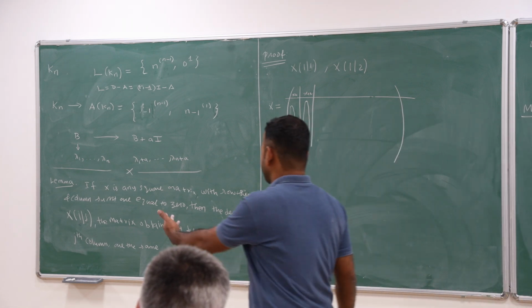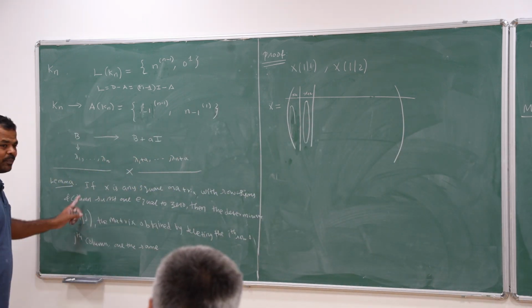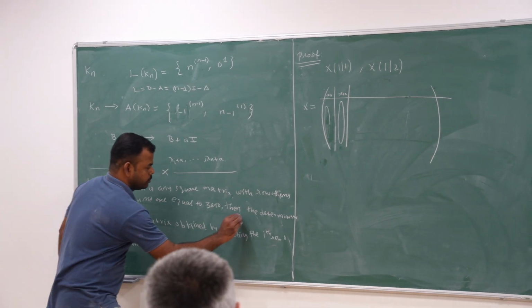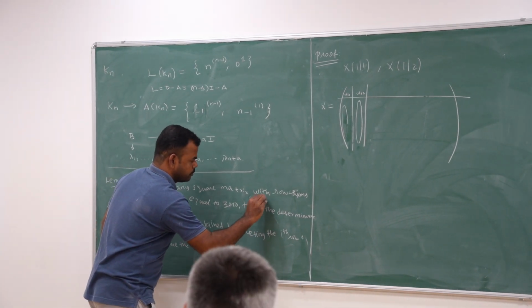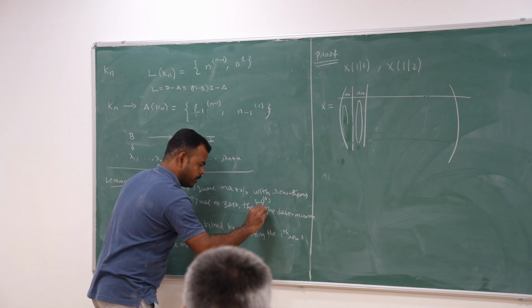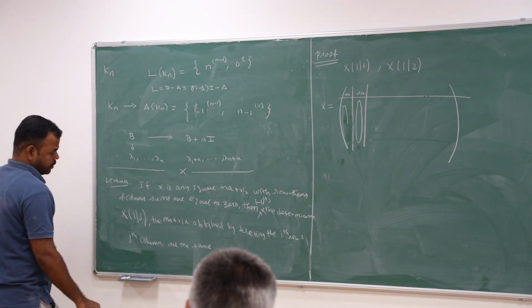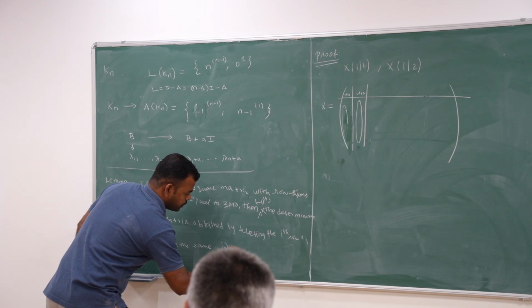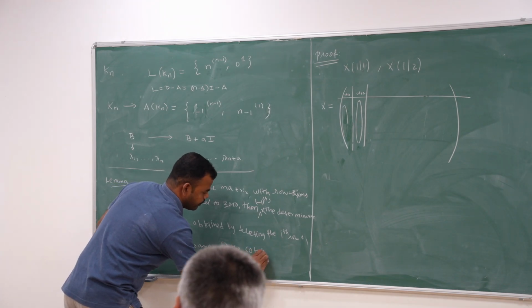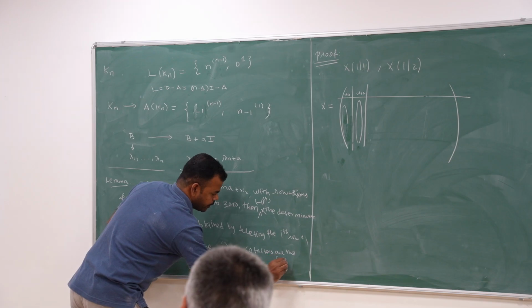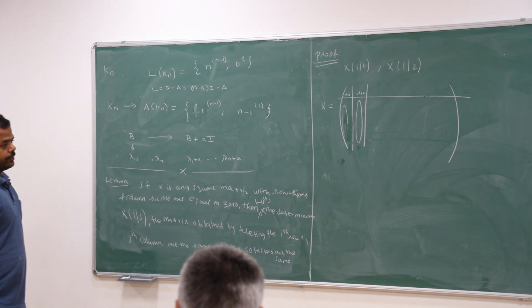Cofactor is better, instead of giving the -1 power i plus j, you can put it into the determinant. They are the same, that is, the cofactors are the same for any ij.